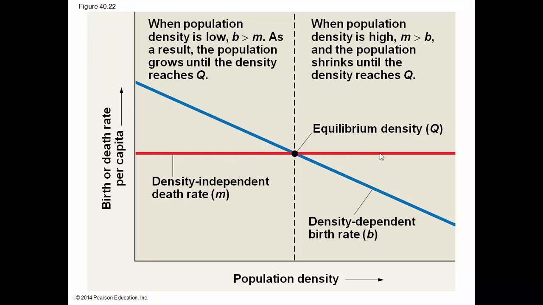This is constant over time, and then birth rate is either going to be adjusted to be greater or lower until it reaches the optimal population density. So population density increases and birth rate decreases. Population density decreases and birth rate increases.